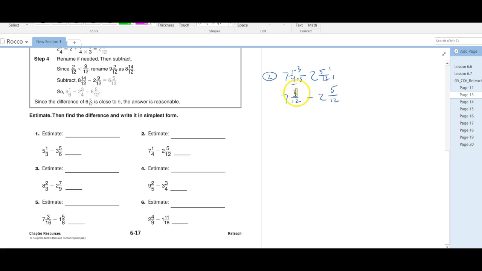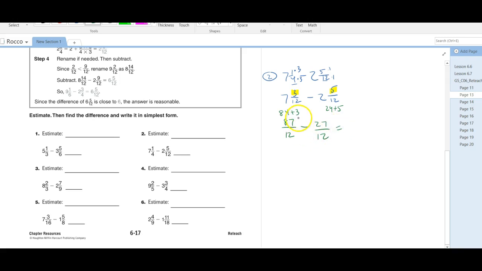If I look, this numerator is smaller than this numerator. So the easiest way we determined to do this is to change to an improper fraction. 12 times 7 is 84 plus 3 would give me 87 over 12 minus 12 times 2 is 24. 24 plus 5 is 27 over 12.